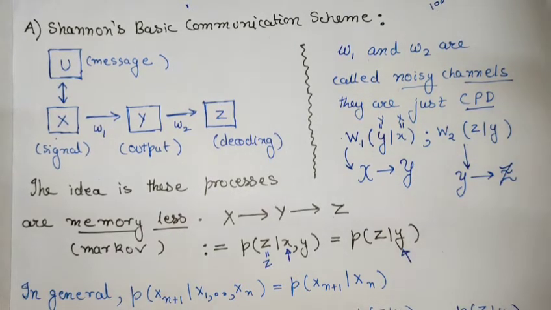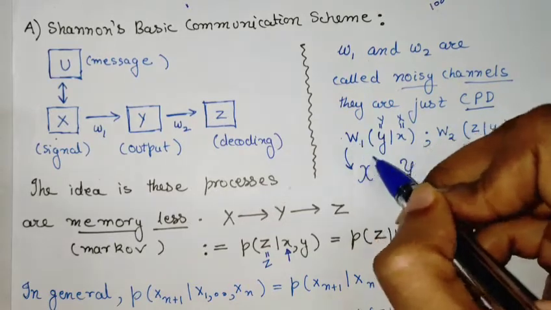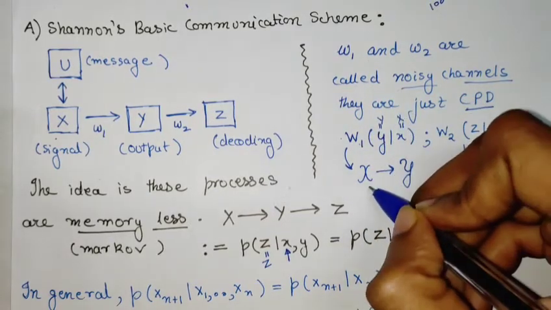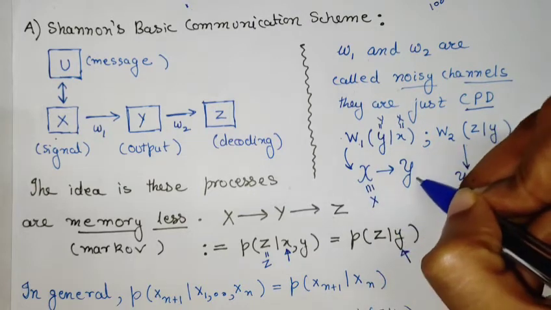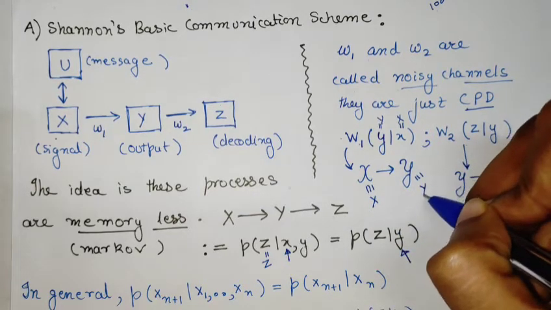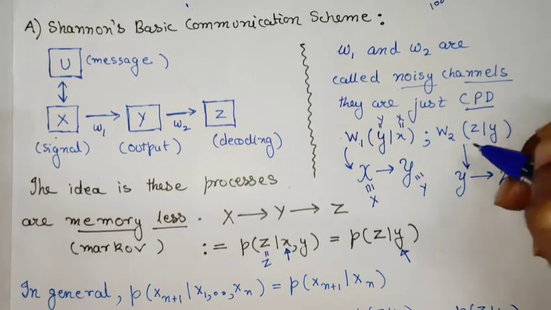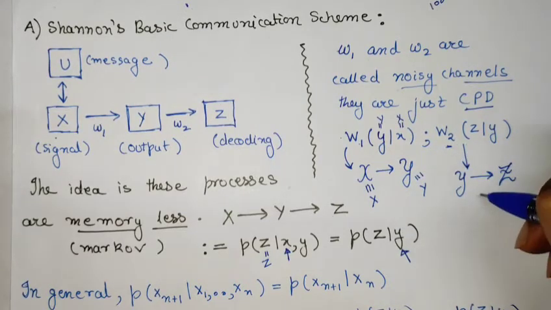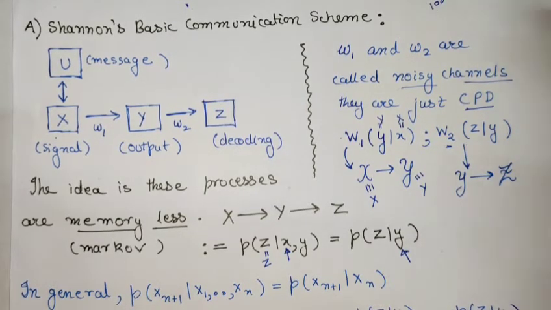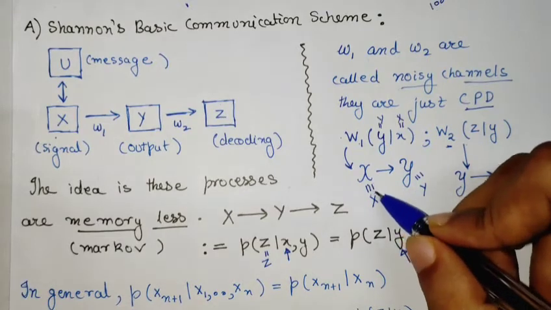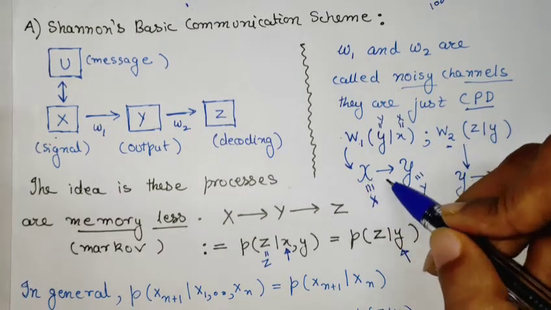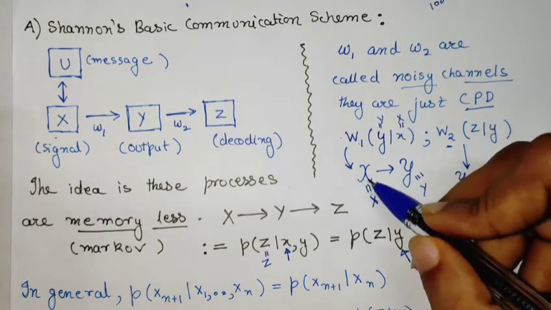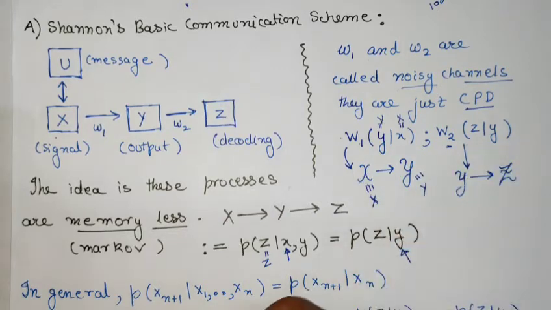This probability distribution is what we call a noisy channel, and it maps from the set of values that X can take to the set of values that Y can take. Similarly you have it explained in the same fashion for the next step, and the set where the variable is mapping, the output of the process, is called the alphabet.